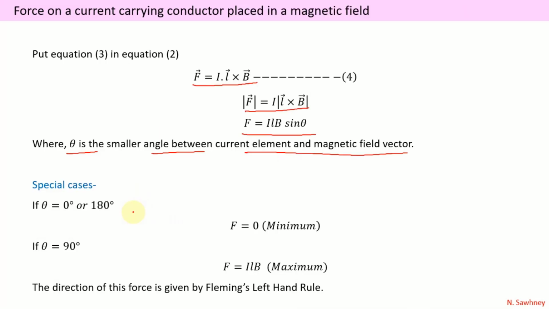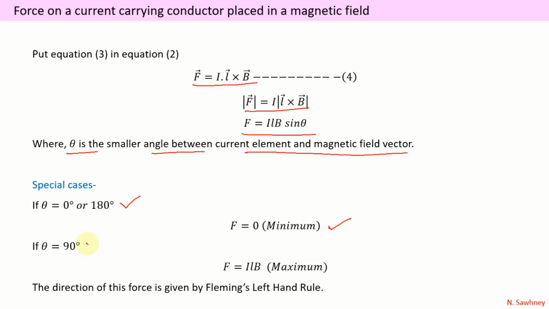So we can understand these special cases like this: if theta is 0 degrees or 180 degrees, that means when the current carrying conductor is placed parallel to or anti-parallel with the magnetic field, then the magnetic field produces no force on the conductor, that is the minimum value.